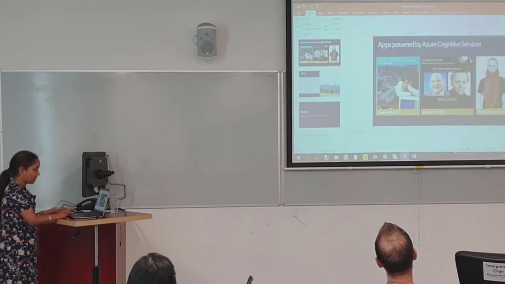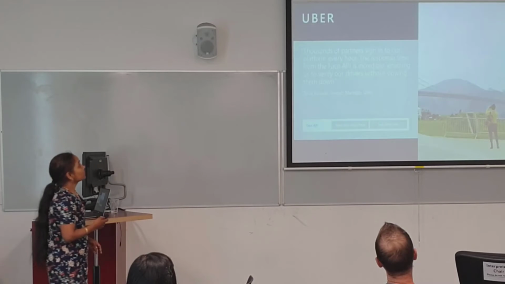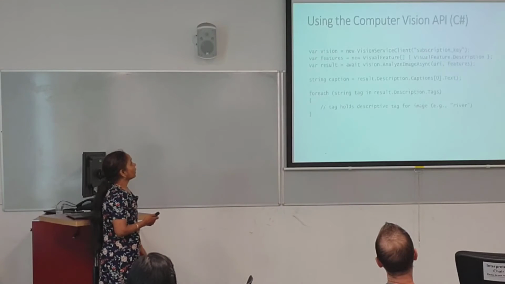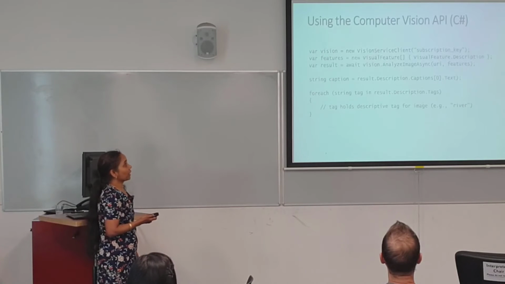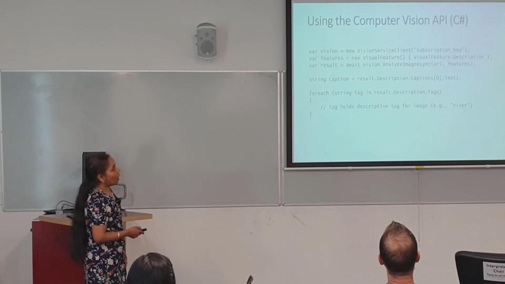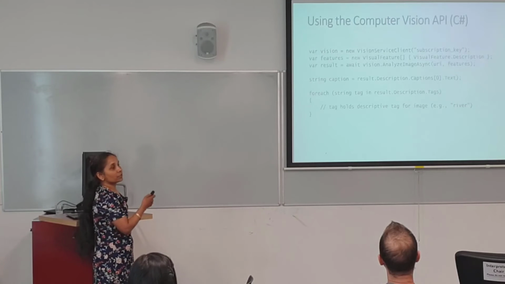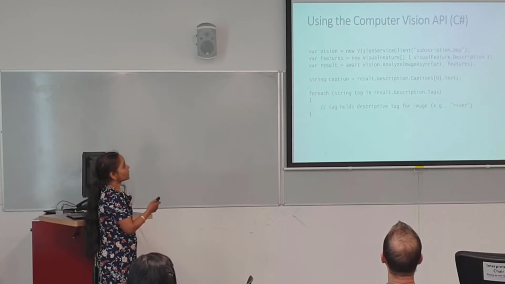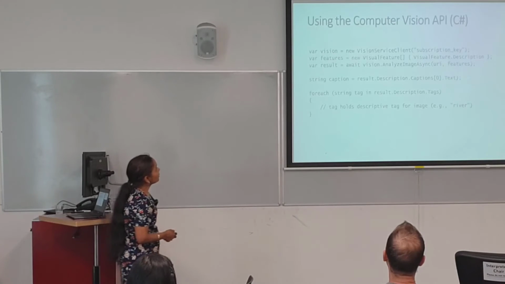Let's see what is in my... Okay, so how does the computer vision API get used in C#? You can use this code, and how to use it is you create the computer vision API on portal.azure.com, and then you get some keys, and you can use those keys.